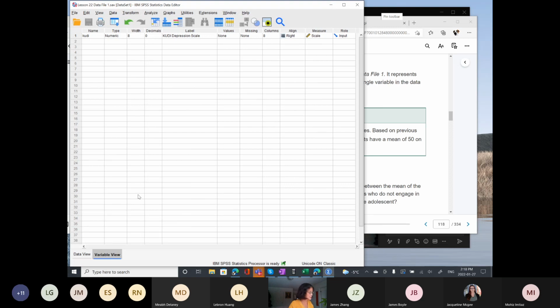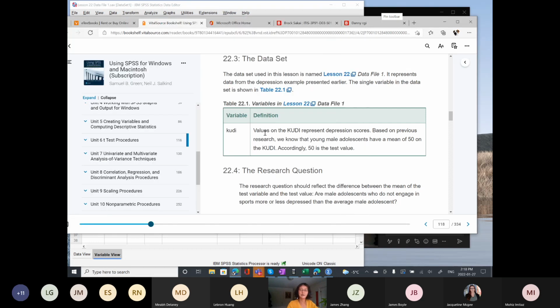If you go to the description of this variable, KUDI represents depression score. Based on previous research, we know young male adolescents have a mean of 50 on KUDI. So 50 is the test value. We choose 50 as a test value because of the past study.